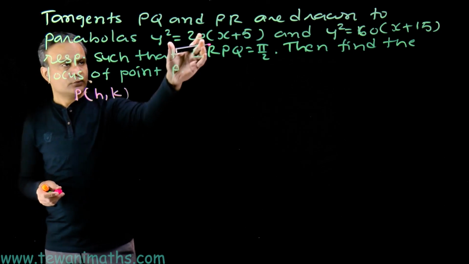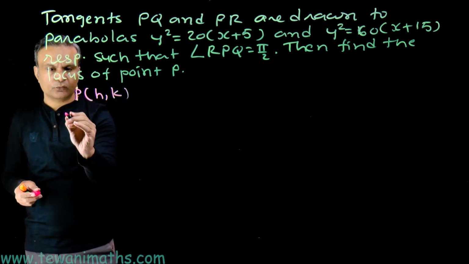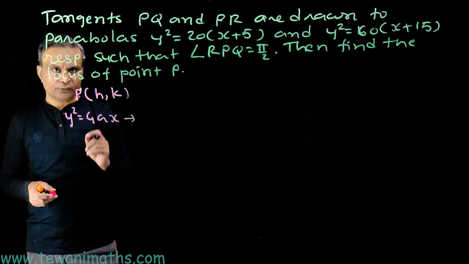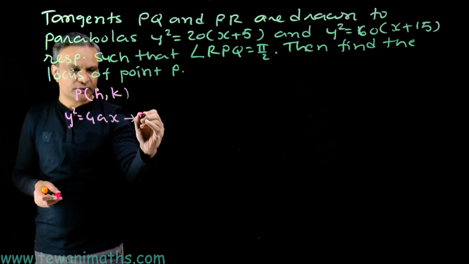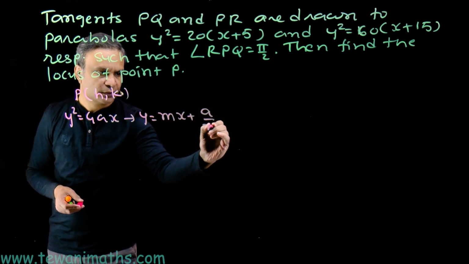Now we can write the equation of a tangent to this parabola having slope m. For y square is equal to 4ax, the equation of a tangent having slope m is y is equal to mx plus a upon m.